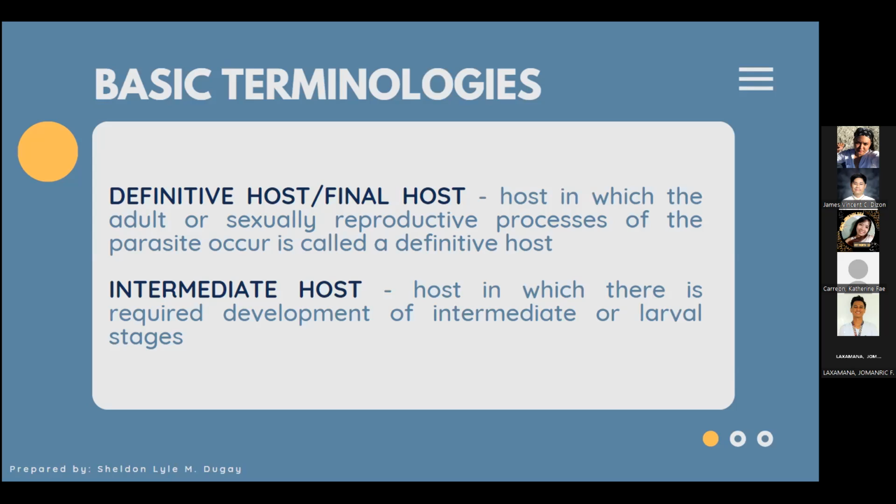So kapag yung isang mosquito na infected ng heartworm, pwede niya ma-transmit yun sa isang aso. So yung mosquito na yun yung magiging intermediate host ng heartworm eggs or mga larvae, parang ganun.